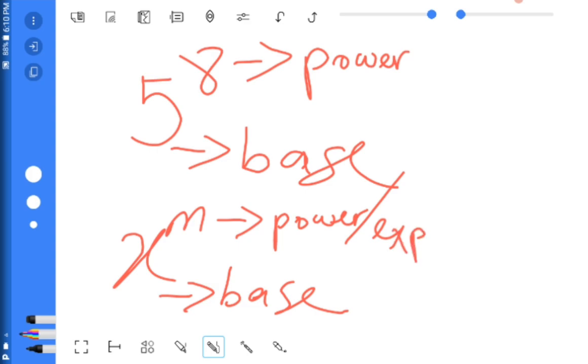I think you get the point. So now, without taking much time, if we have a number like 16 to the power of half, 16 is the base and half is the power.